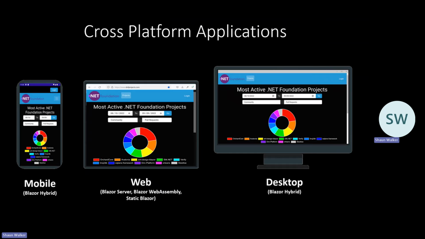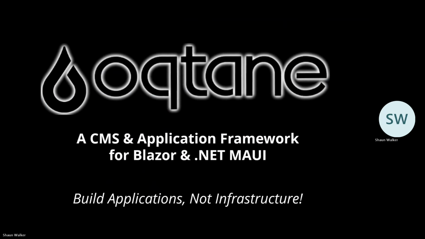And if you want to build a desktop application, again, you can use Blazor Hybrid with the WebView concept. The cool thing is you could build one set of Blazor components that could run on all of these different devices, as long as you architect your application appropriately in a client-server manner.